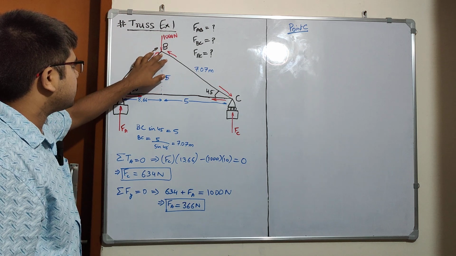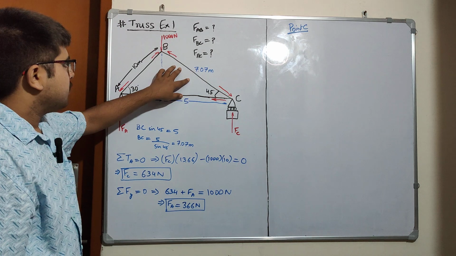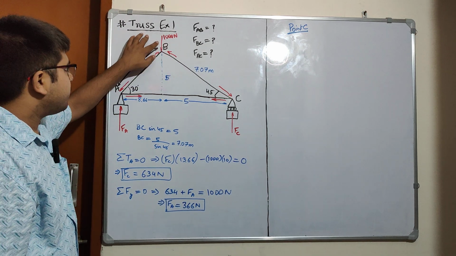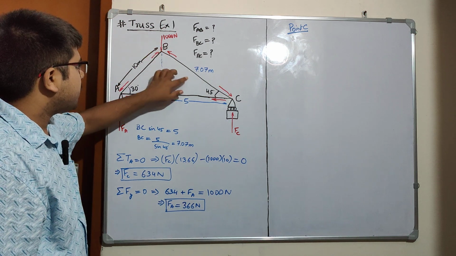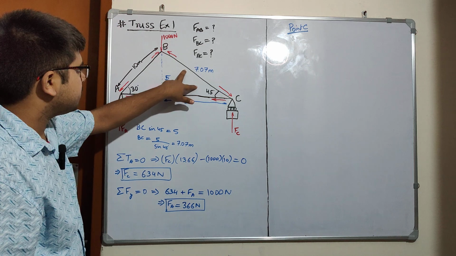This weight is acting on point B. This weight will try to push the member down, so this member will have a reaction force in the opposite direction.